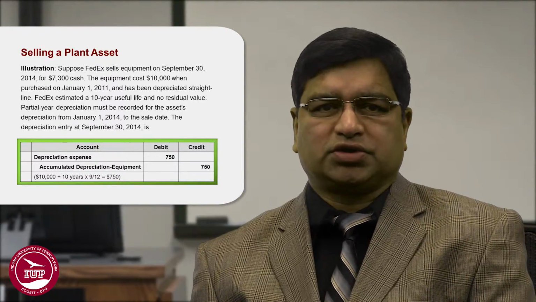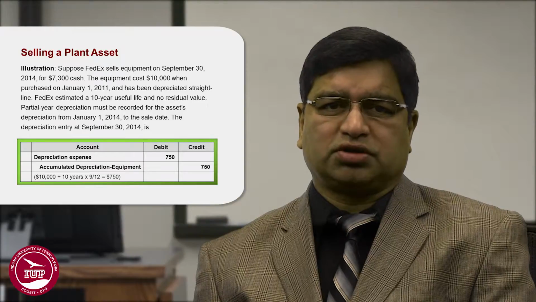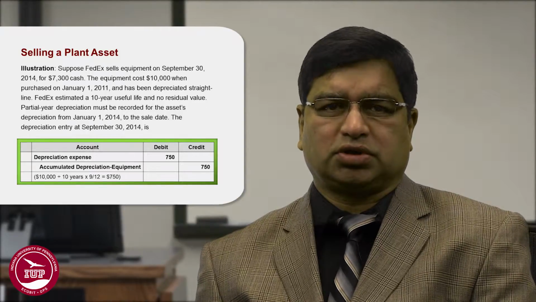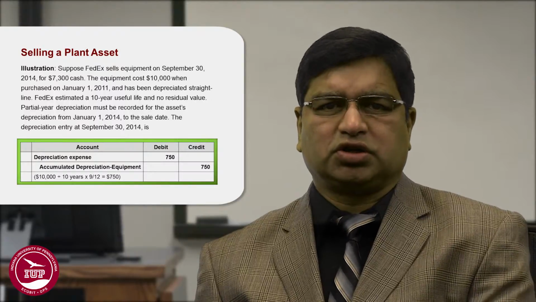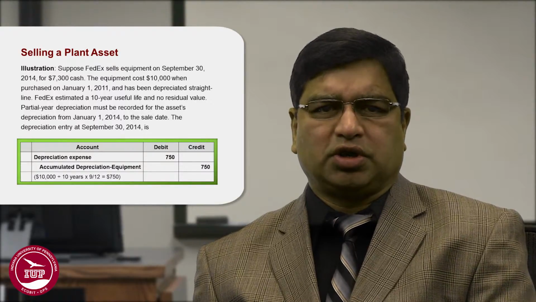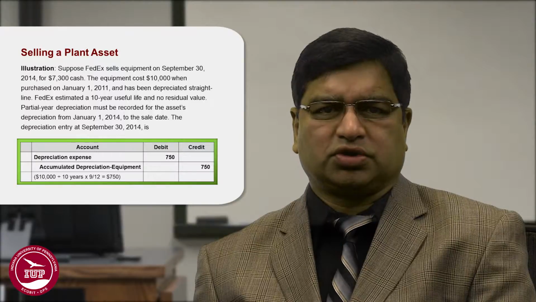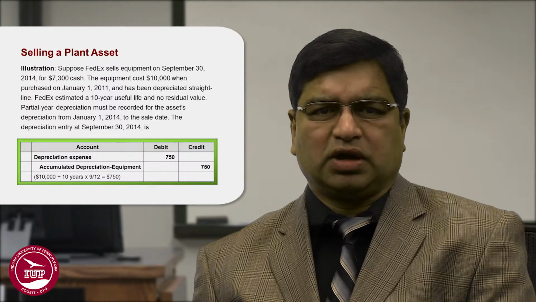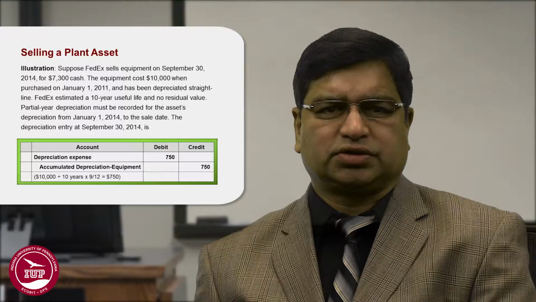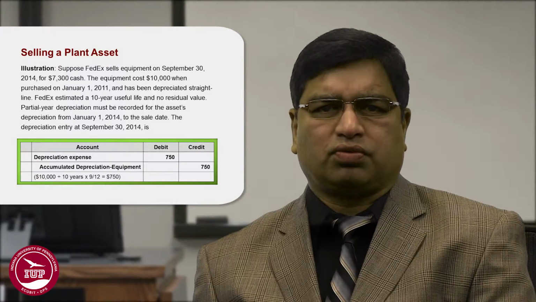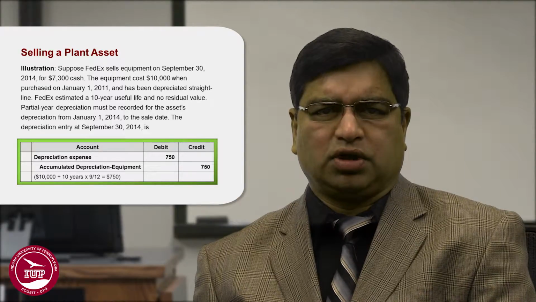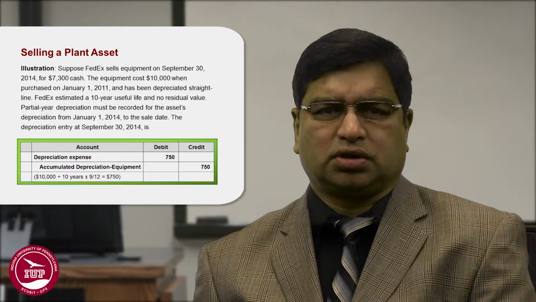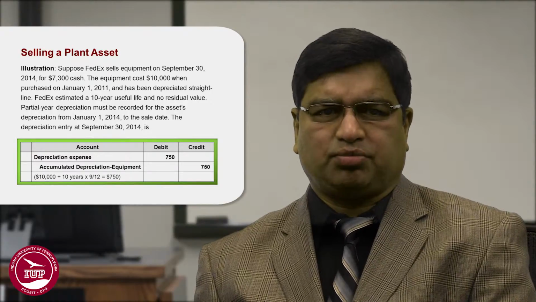It sells the equipment for $7,300 cash, so it has received $7,300 on September 30th. The equipment cost $10,000 and was purchased in 2011, and has been depreciated based upon the straight line method. Estimated useful life was 10 years. So first of all, since it was sold on September 30th, you need to also record the depreciation for that period.